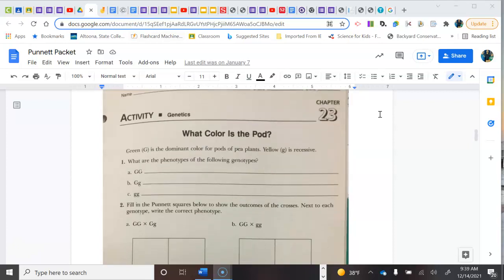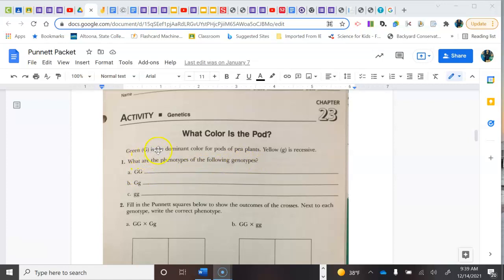Okay, so moving on a little bit further. What color is the pod? Green, capital G, is the dominant color of pea pods and pea plants. Yellow, lowercase g, is recessive. What are the phenotypes? The phenotype is what you see. The genotypes are the types of genes, like literally the type of genes. So big G is the alleles.